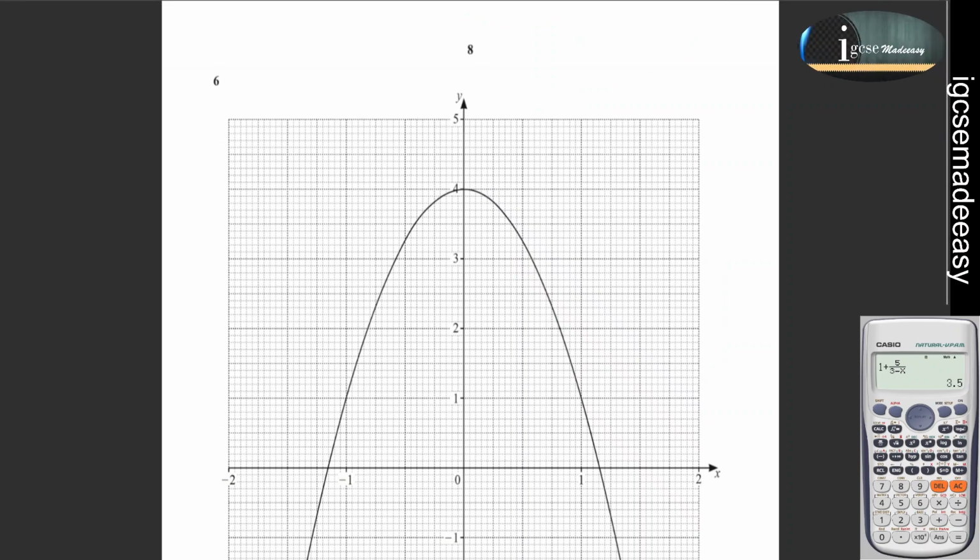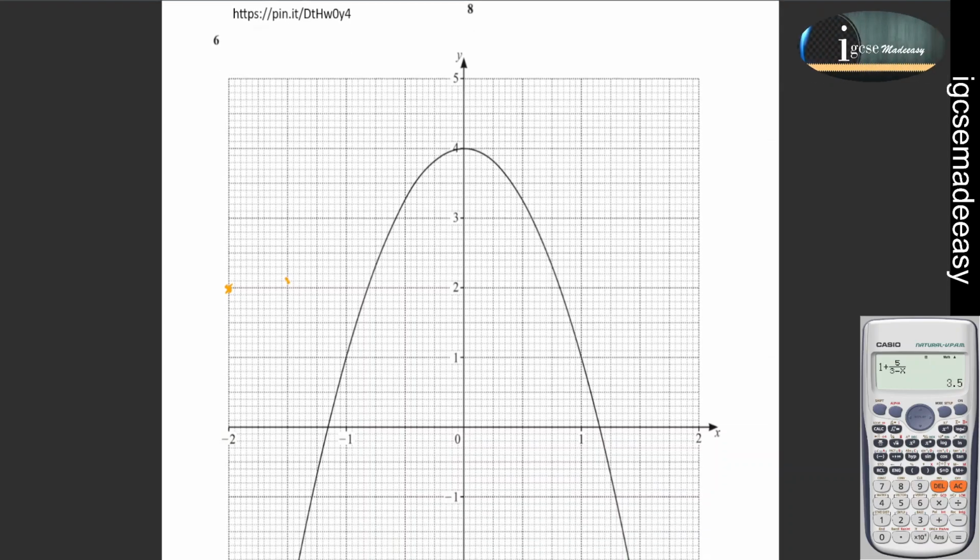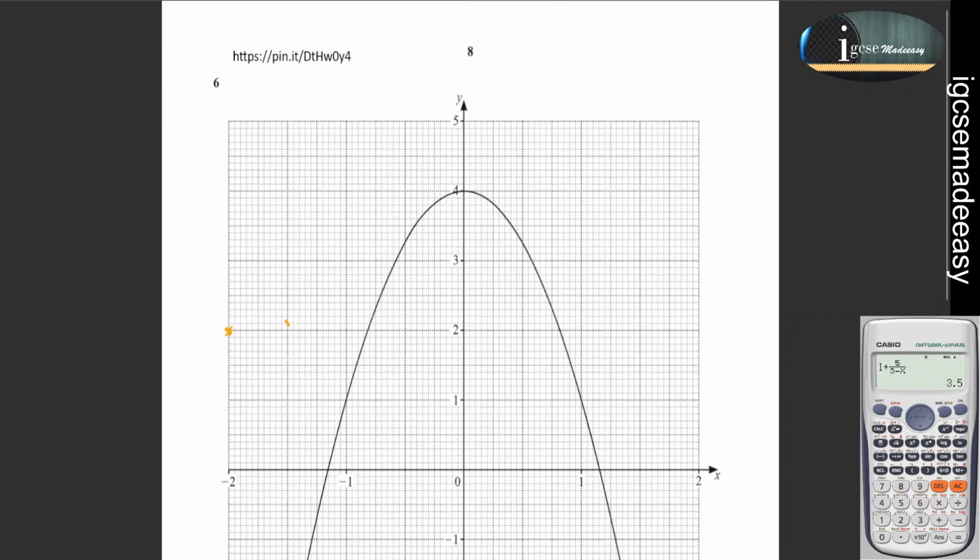So let's plot the points. The first is minus 2 and 2. So minus 2 and 2 is here. The second point is minus 1.5 and 2.11. So the next point will be somewhere here, 2.11. The next point will be minus 1 and 2.25, which will be somewhere here.